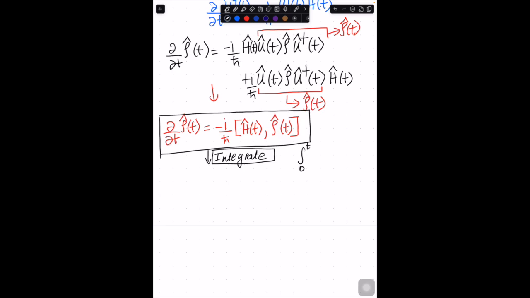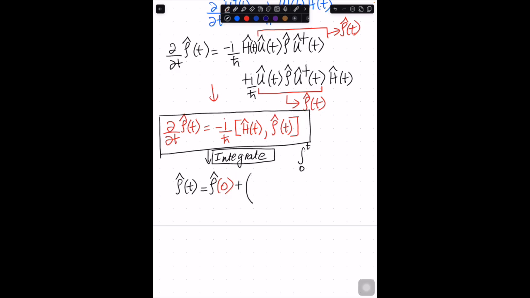So you get rho at time t is equal to rho at time 0, which till now we have been ignoring the index 0. So we can proceed to do that. But for now, over here, I will put in a 0 just so that it avoids confusion.